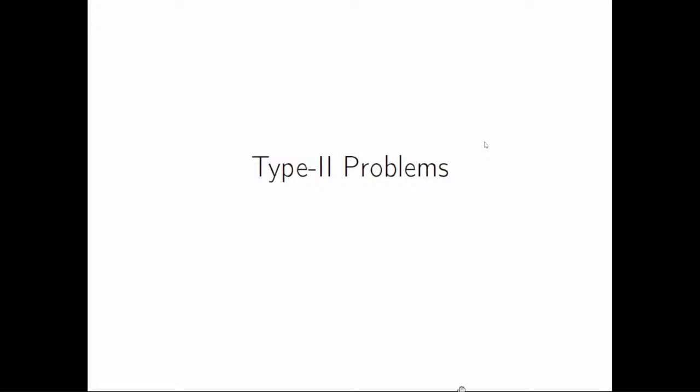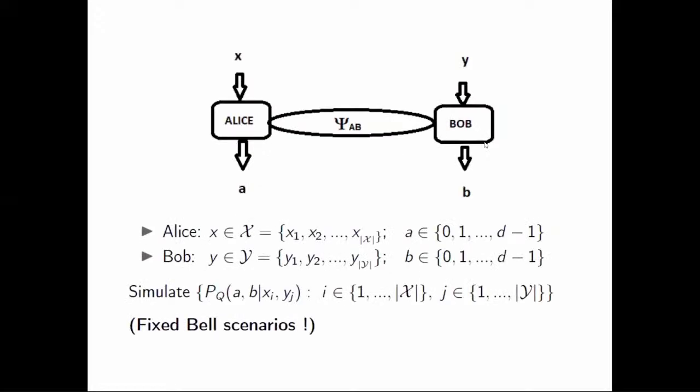Now I'll discuss type 2 problems. Here again the problem is the same: Alice and Bob may share some entangled state, and then they have measurement outcomes.